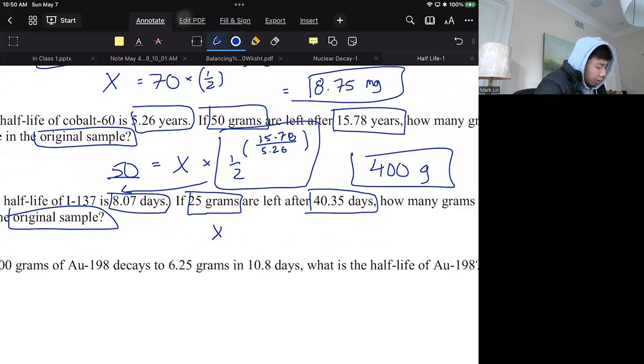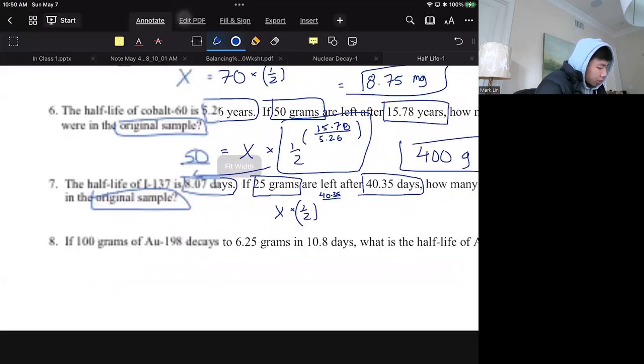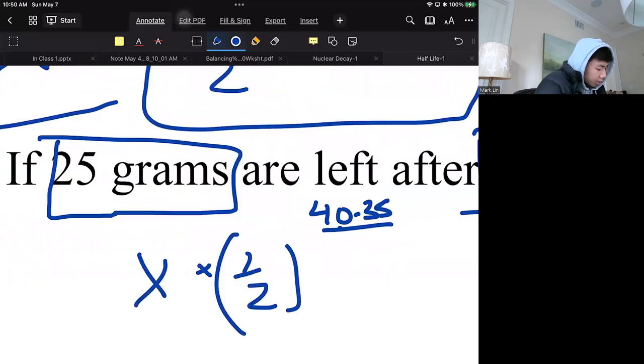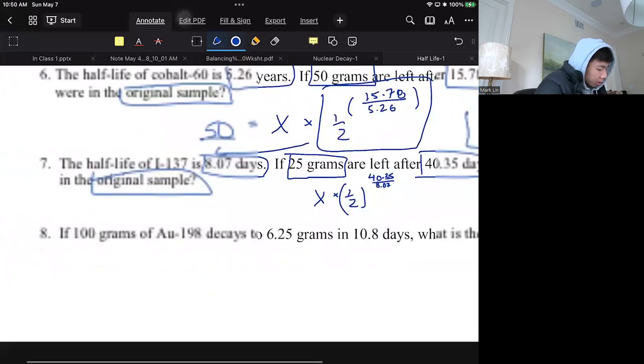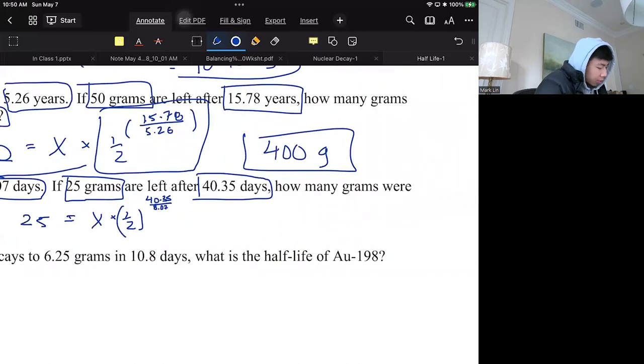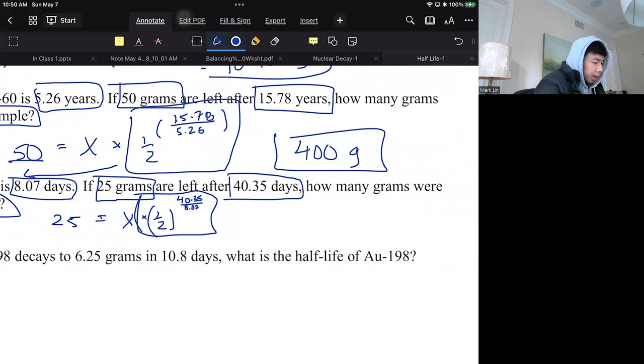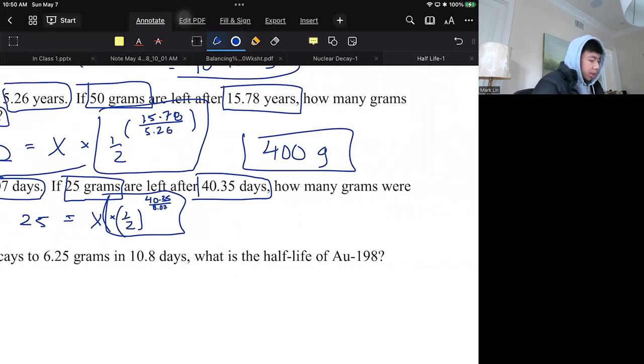So our initial times 1/2, and our n will be time elapsed 40.35 over half-life, which is 8.07. And then we have our final, which is 25 grams left. So same thing, figure out what this is, and divide both sides by that to isolate x. Yep, x equals 800 grams.